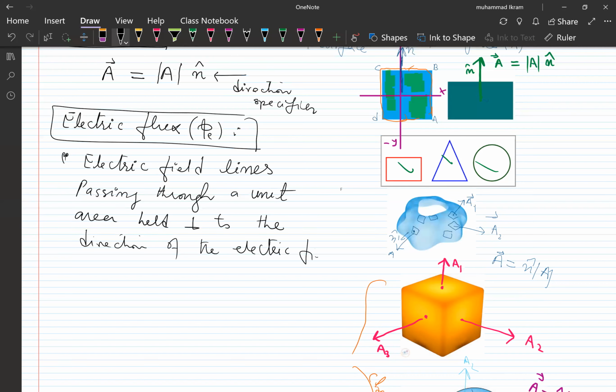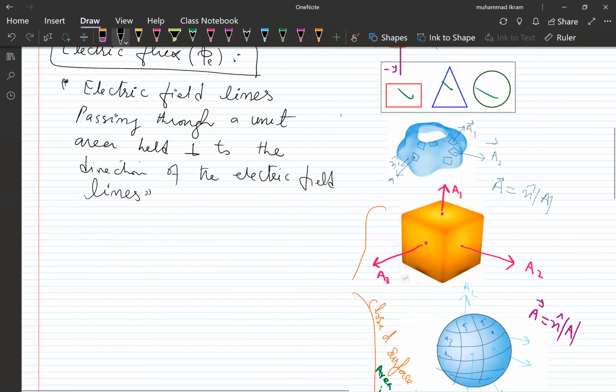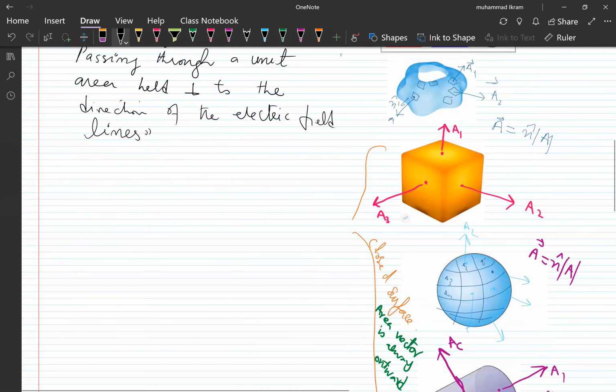Electric field lines are simply electric lines of force passing through a certain area, but this does not give a very good concept.